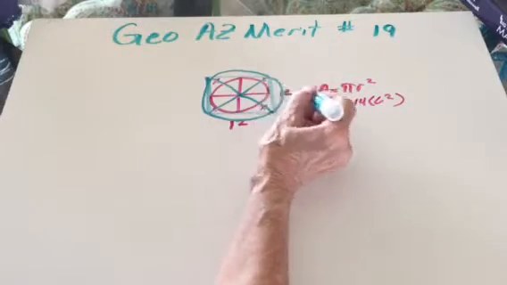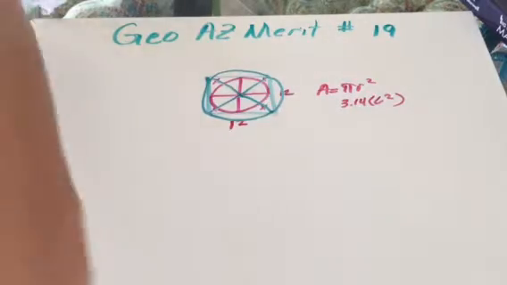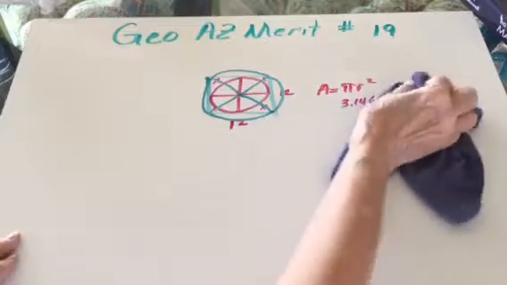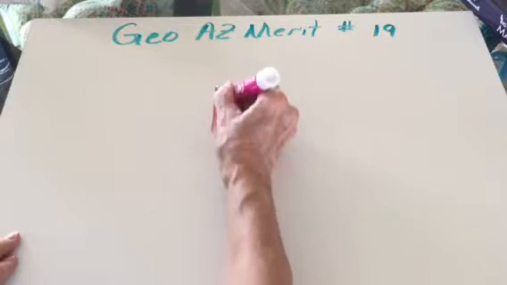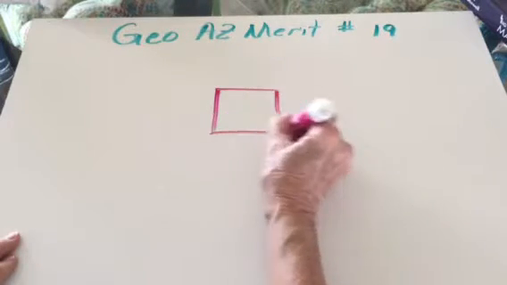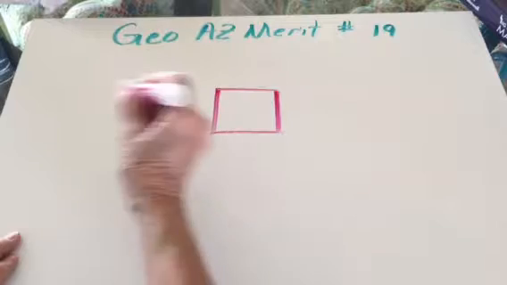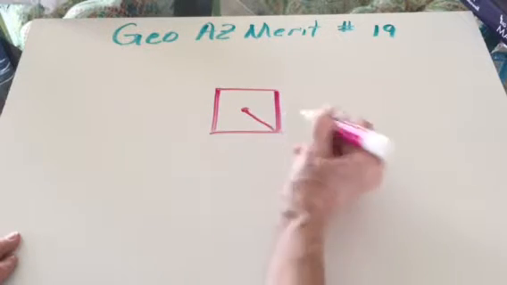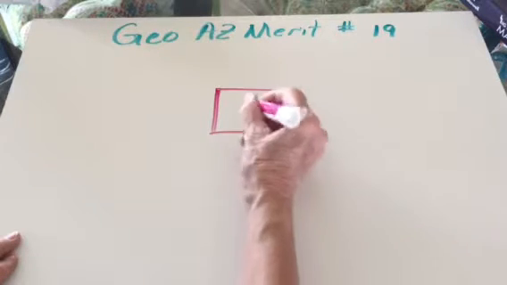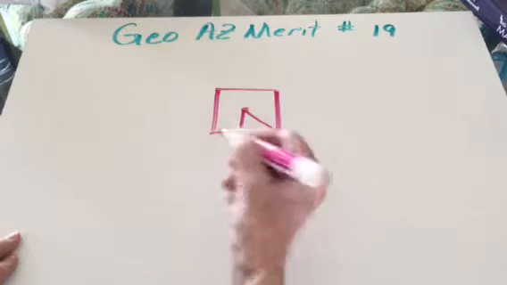But you see how it goes off the table a little bit? So let's just redraw this real quick. Watch. If I have this square, excuse me. And let's say I want this to be my radius.